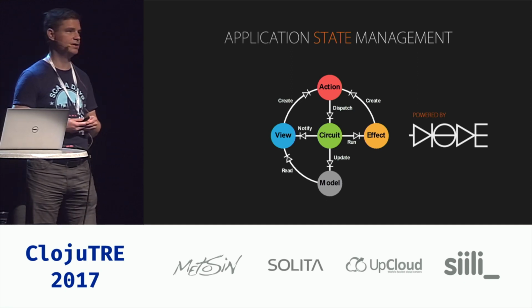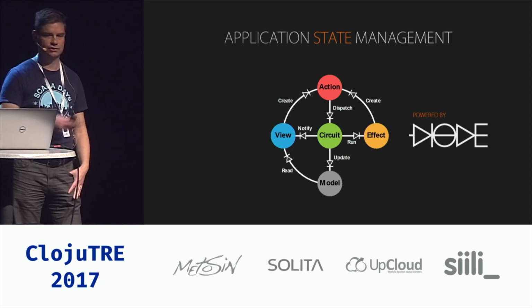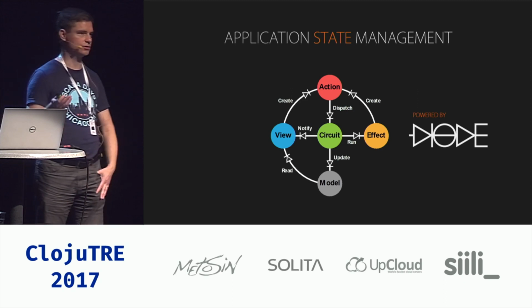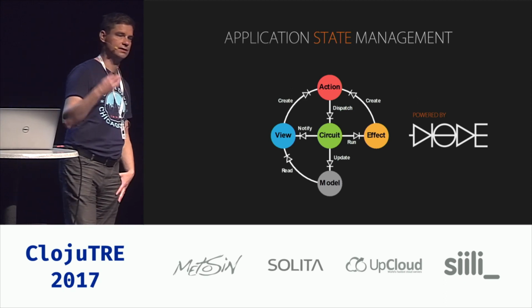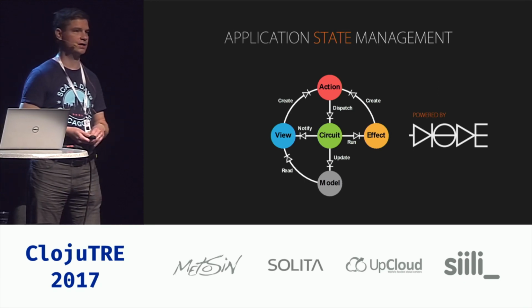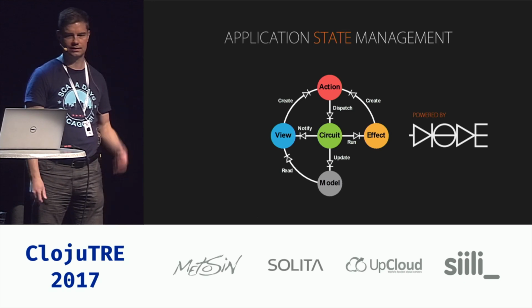The only way to update the model is by dispatching actions, and the actions are then managed by the circuit. And when changes happen, the circuit can notify views, and the views can go and read the updated model. And if there are user interactions, then the views dispatch new actions, and this keeps going on.